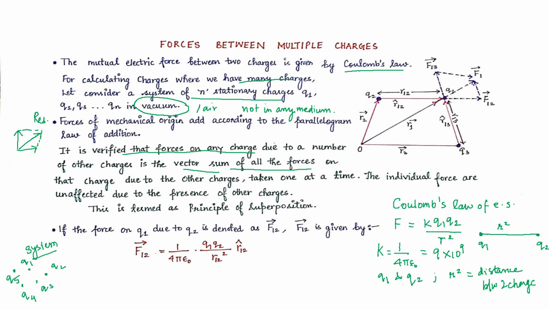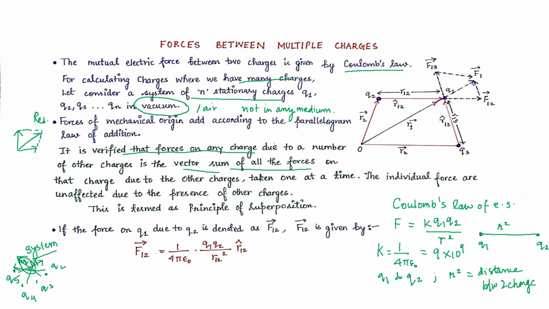So we will calculate the force on Q1 due to Q5, Q4, Q3 and Q2. In this case the charge under consideration is Q1. We have to find the force on Q1 due to Q2, then Q3, then Q4, then Q5.